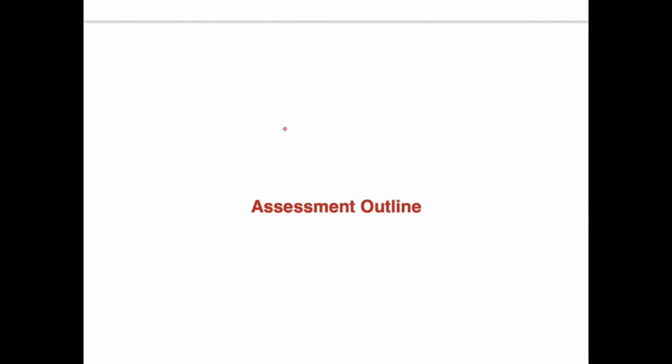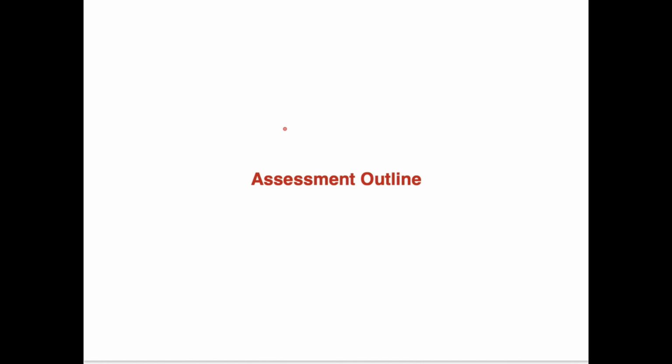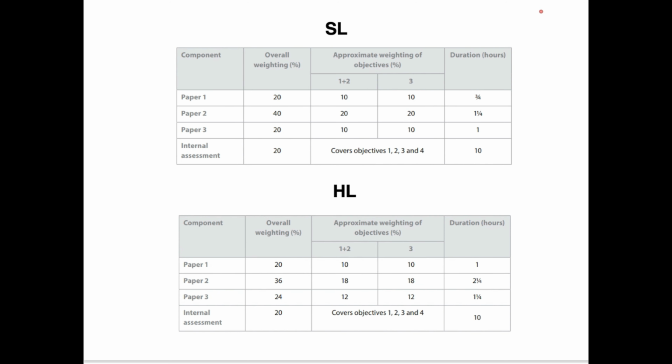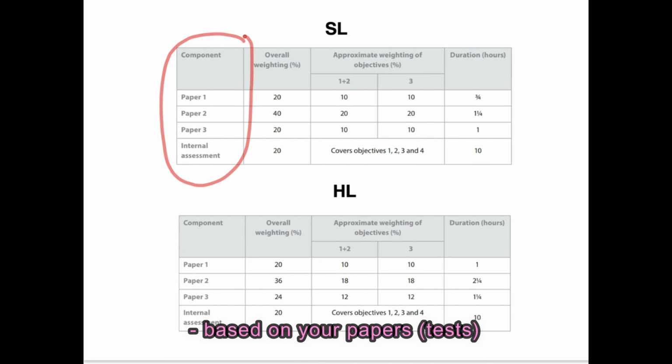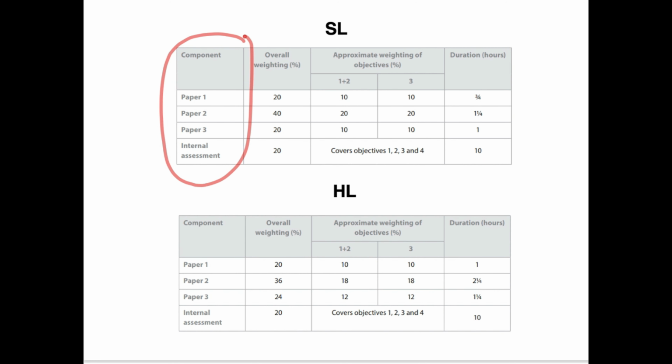Okay, next is the assessment outline. I bet this is what everyone is most curious about. This shows how both SL and HL students will be graded. As you can see on the left-hand side, everyone would be graded by their paper 1, paper 2, paper 3, and internal assessment.